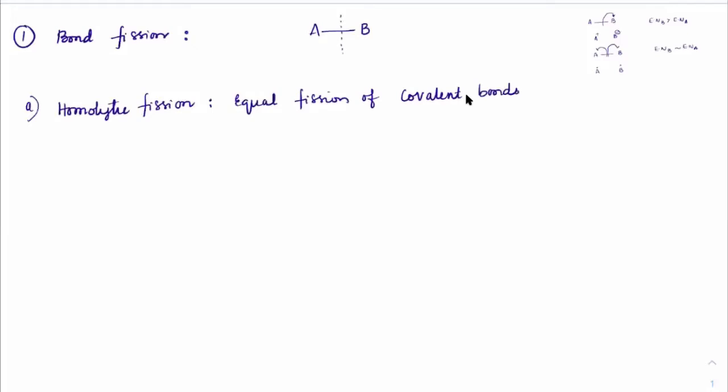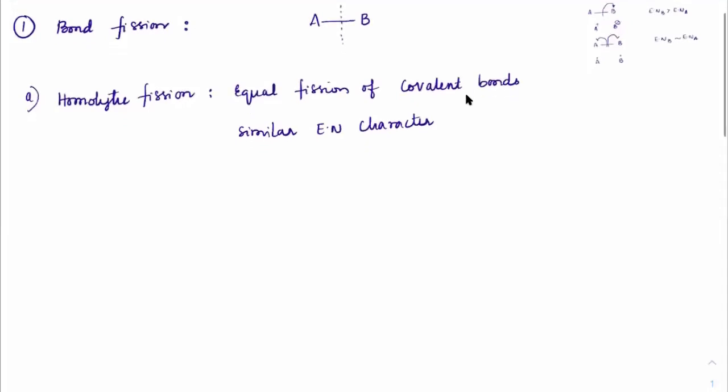It usually happens when you have similar electronegative character. For instance, if we have chlorine and chlorine, both of them have the same electronegativity.